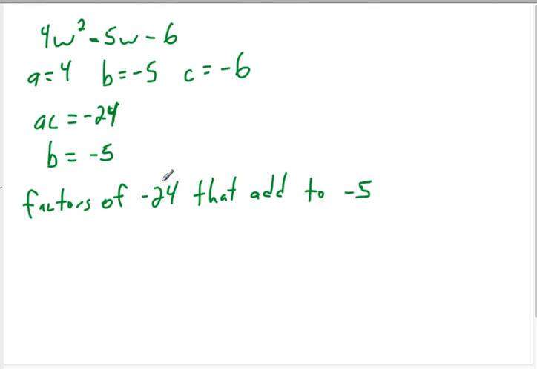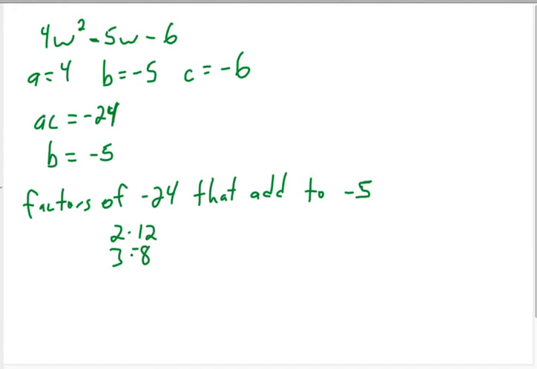So to get a negative number from multiplication, one of them has to be negative. And then if one of them's negative and one's positive, the bigger one's going to have to be negative because the answer is negative. So let's see, 2 and 12, that doesn't work. 3 and 8. Okay, 3 and 8. So 3 and negative 8 should work.